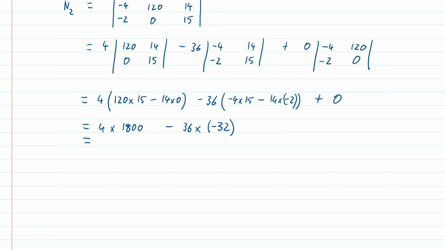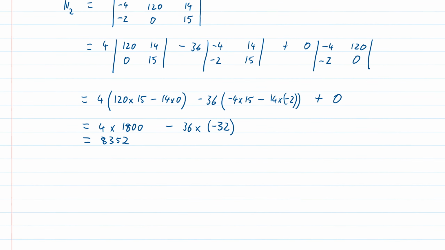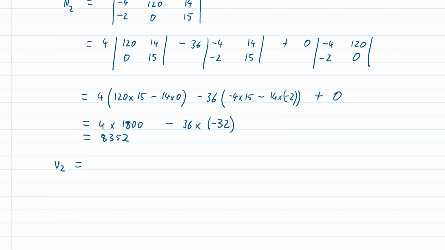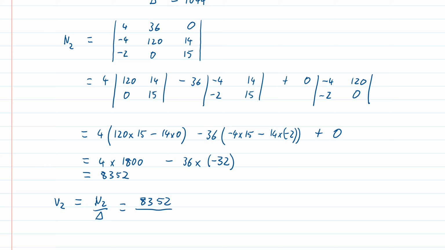So then 4 times 1800 minus 36 times minus 32. So this is 8,352. So now I can use my Cramer's method, which says that my second unknown V2 is n2 divided by delta. So that was 8352 divided by 1044, which is 8. So I get 8 volts.